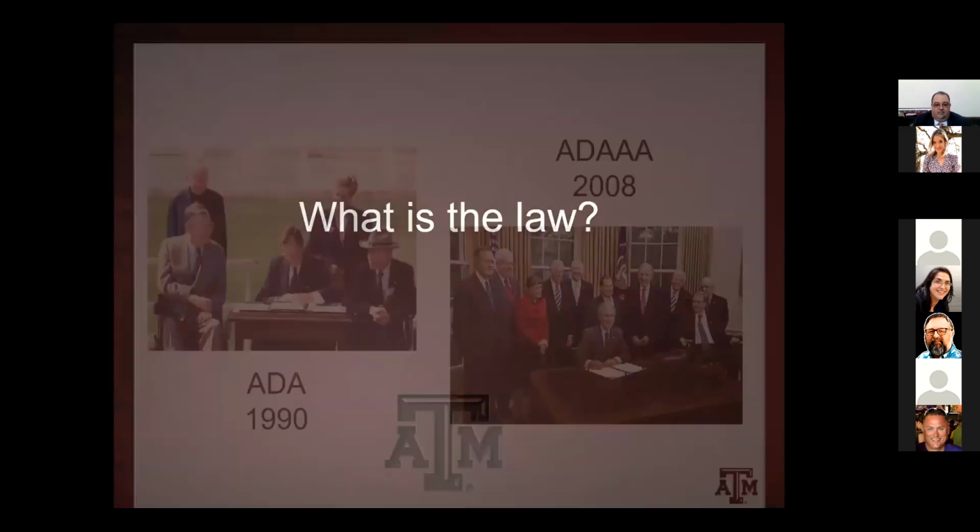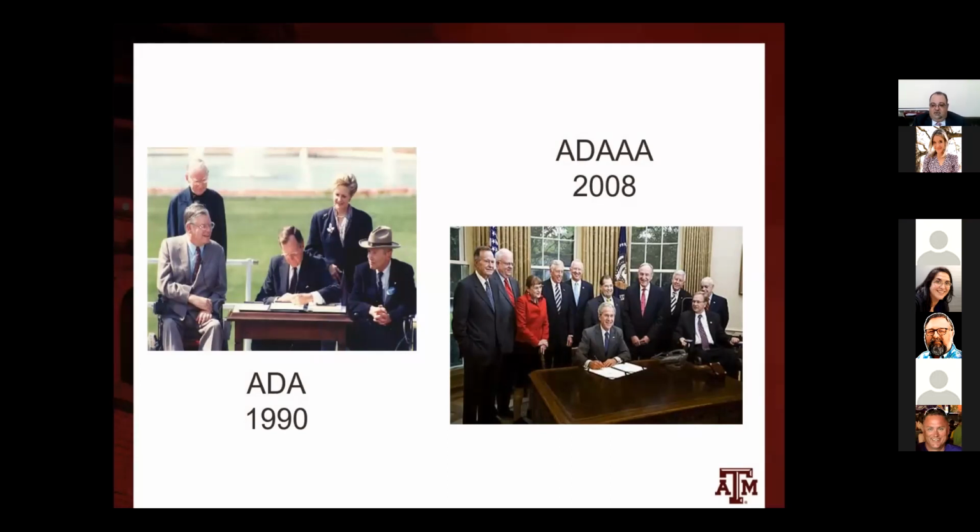What is the law? There's actually two sections of the ADA, both enacted by a President Bush, just not the same President Bush. The first enactment was in 1990 by George H. Bush. And with that, it really established a framework for the ADA.